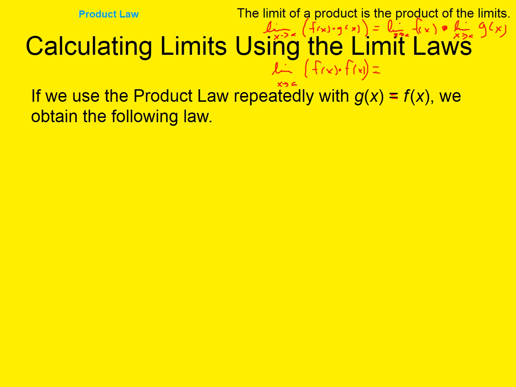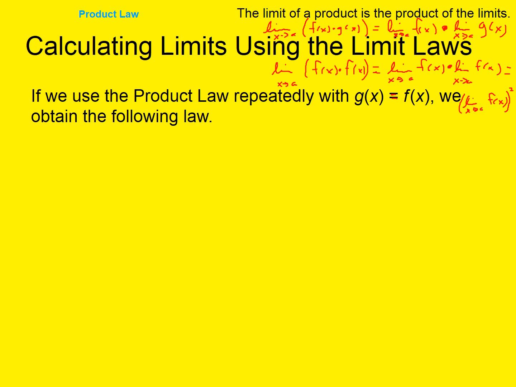And by the product law, that's the limit as x goes to a of f of x times itself. In other words, the square of the limit as x goes to a of f of x.